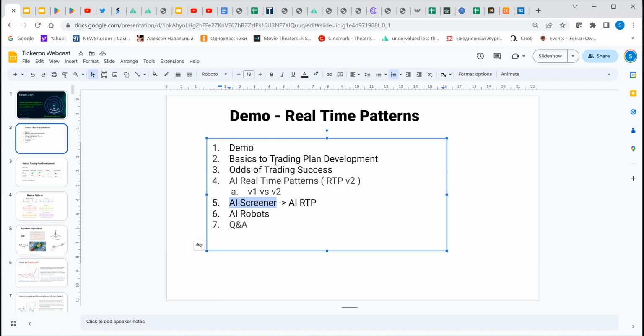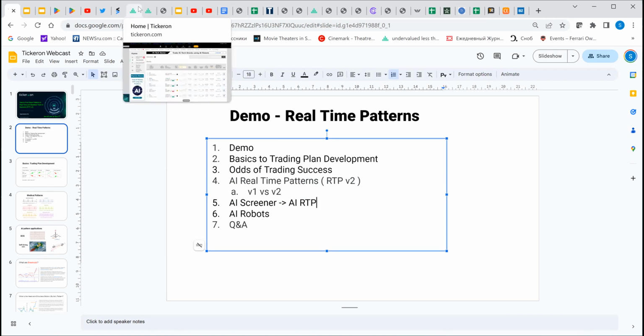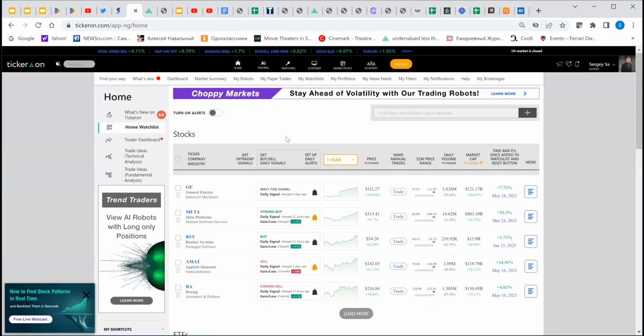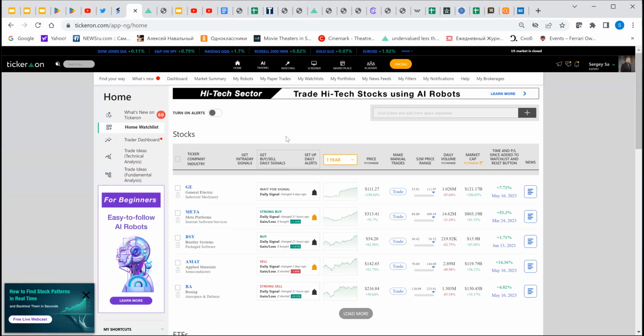I will pretty much tell you what is the difference between version 1 and version 2. Okay, and then I will tell you how we build robots based on this combination, AI screener and then real-time patterns. Okay, so I'm going to jump into the demo immediately, and that is going to be also recorded as an instructional video for the future.